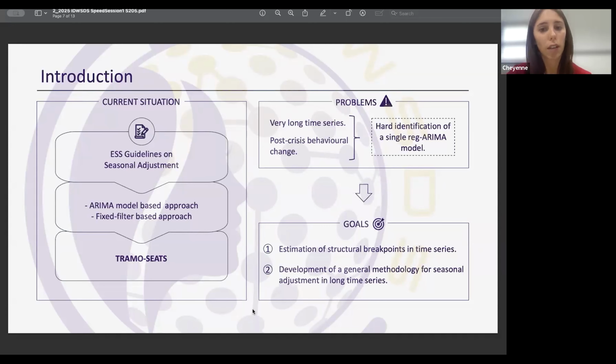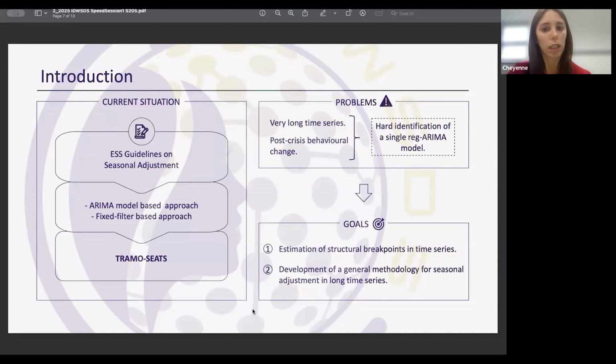However, the series currently being processed at the Spanish Statistical Office cover many years, which means that the economic conditions, social dynamics, or other external factors may change, leading to shifts in the underlying patterns. For instance, the data suggests that the behavior of many economic time series changed following the 2008 financial crisis. These changes call into question the assumption that a single model can accurately capture the behavior of the entire series.